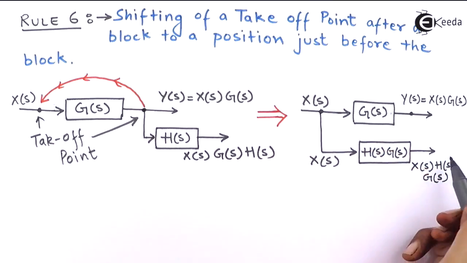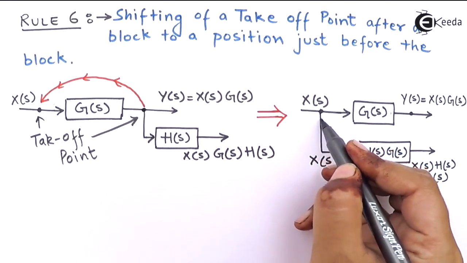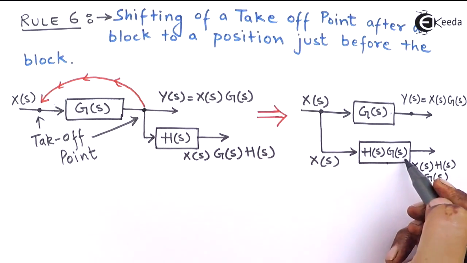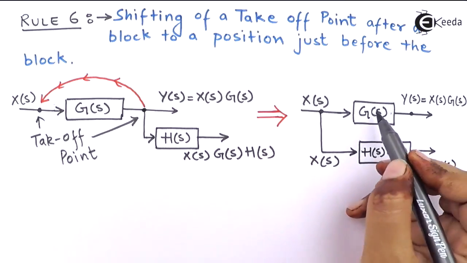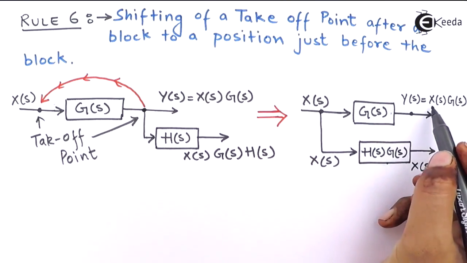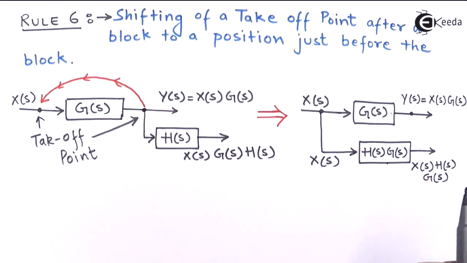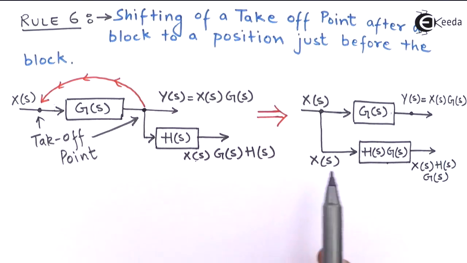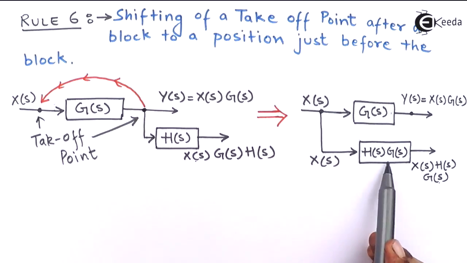So let's see what the effect will be. The same signal X(s) is given to this, so X(s)H(s)G(s) will be the output, and the output of G(s) will be the same, that is X(s)G(s). So we are getting the same output in both cases from this block.